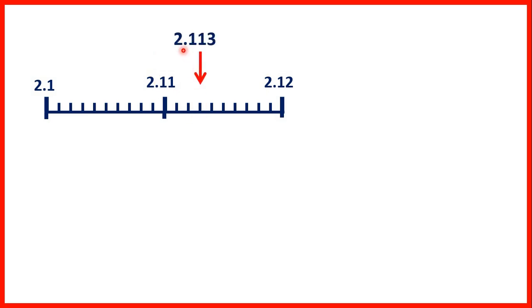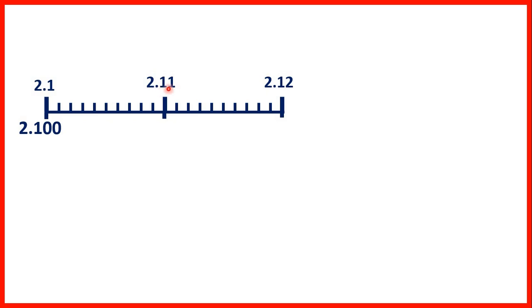So here we have 2.109, and notice that that's one thousandth less than 2.11. Here we have 2.113 because that's 3 thousandths after 2.11, and here we have 2.119. Again, what we could have done was change the labelled values so that they all have 3 decimal places. So instead of 2.1, we can write 2.100, because putting zeros on the end of a decimal number doesn't change the value of that number.